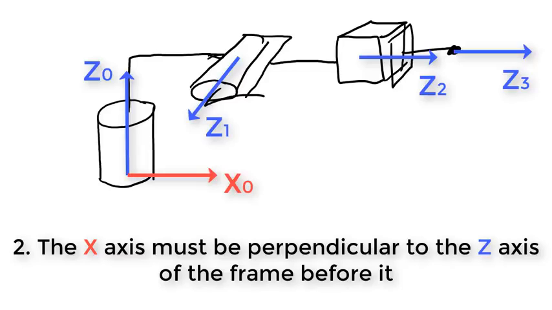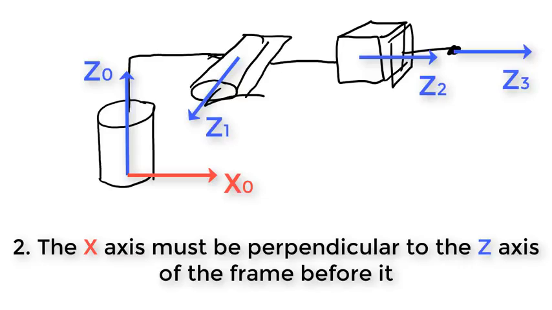Now, when we draw the x-axis for frame 1, we don't have as much freedom. I need to follow Rule 2 here. Rule 2 tells me that the x-axis has to be perpendicular to the z-axis of the frame before it. In other words, x1 must be perpendicular to z0. So I can't draw x going up or down, because that would not be perpendicular to z0.